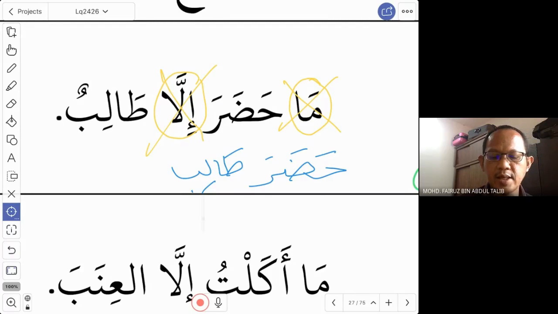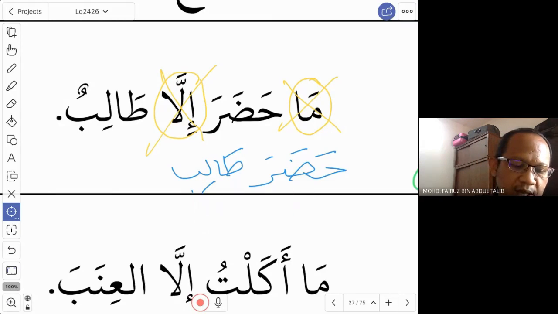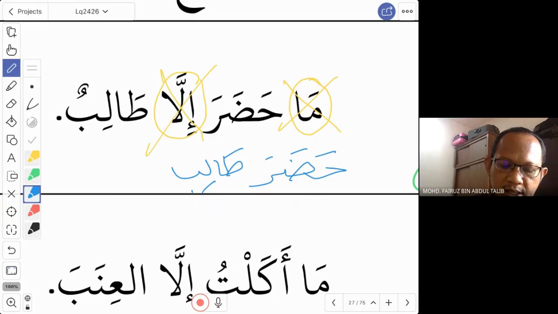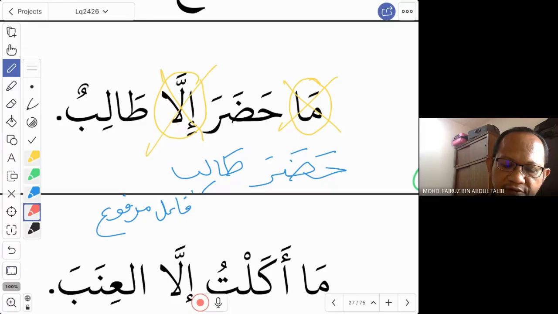So what is this word talib? What is its i'rab? Is it mubtada? Is it khabar? Is it fa'il? Is it maf'ul bi? Fa'il. So of course, this is the fa'il because you have a fi'il. Hadara talib. Since this is a fa'il, fa'il is always marfu. So when it is marfu, we have learned that marfu is normally with a dhamma.